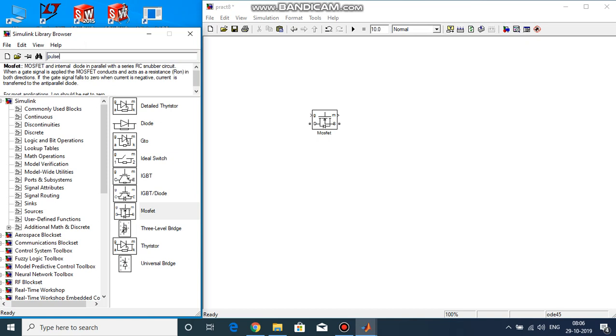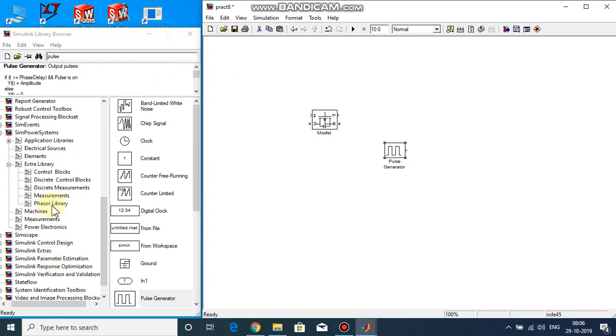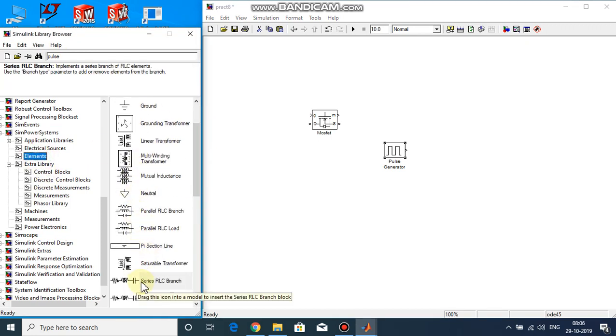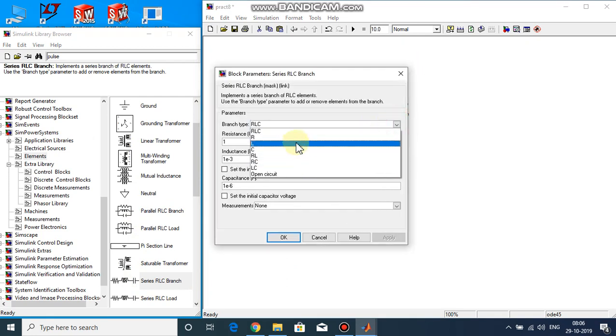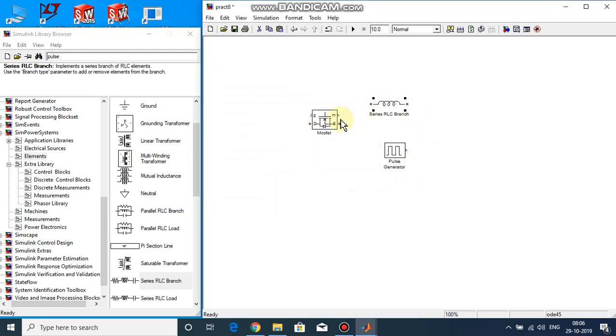Now we'll go to our handy pulse generator. So we have a pulse generator, and we have an inductor. For the inductor we'll go to elements, and we have the series RLC branch, which will give us an inductor. For the inductor you just have to take L, and we'll use 100 millihenry as our starting value.